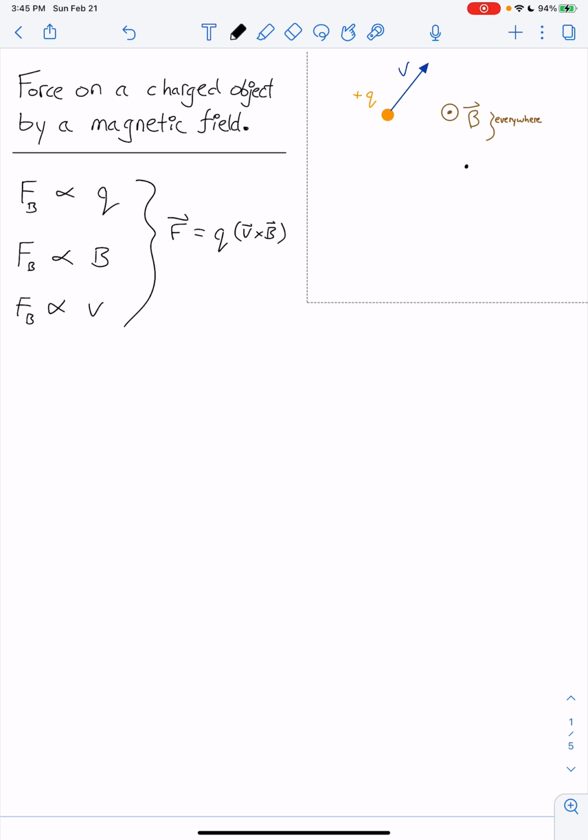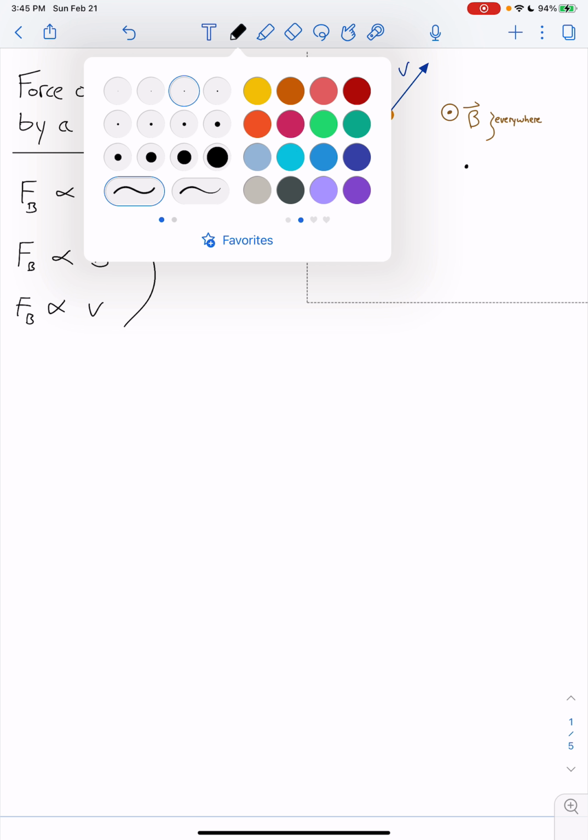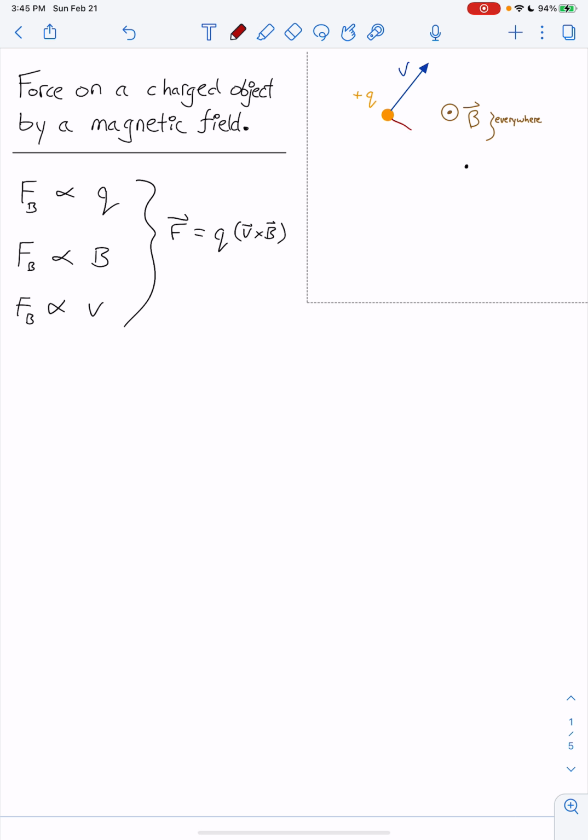We put our fingers in the direction of the velocity, and then curl them upwards towards the magnetic field direction, and we end up getting a force in this direction.